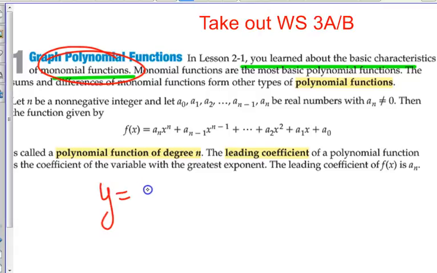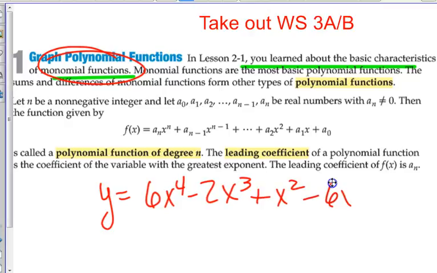A polynomial function is something when written in standard form might look like this. That's a hot mess, right? Standard form means that the exponent powers are getting smaller as you go left to right. Does that sound familiar? How many terms does this have?